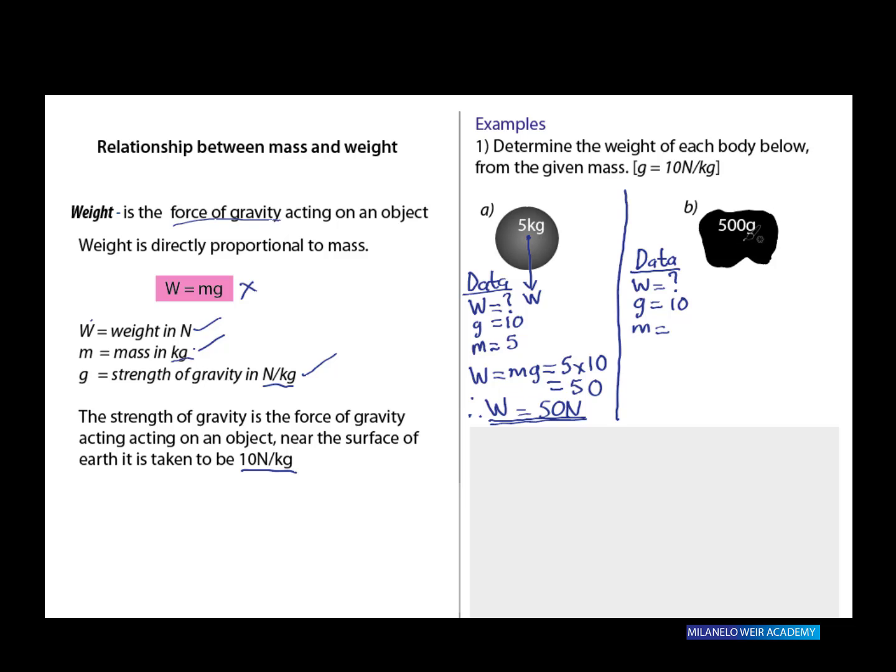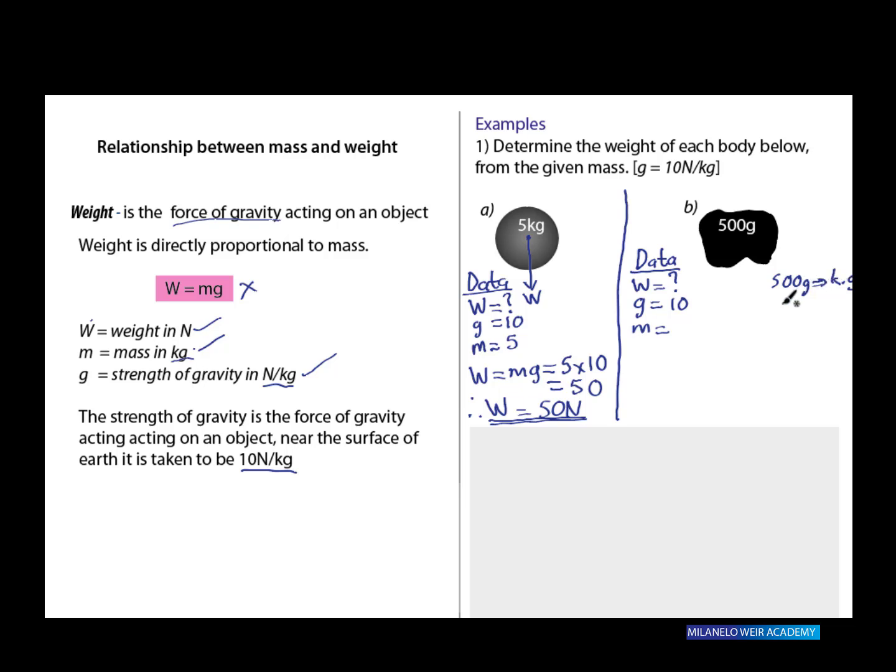For instance, for this question here, the mass is in grams, but when we go back to our equation, we see that the mass has to be in what? In kgs, in kg, right? So 500 grams to kg, what do we do?